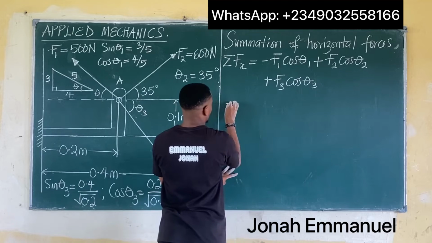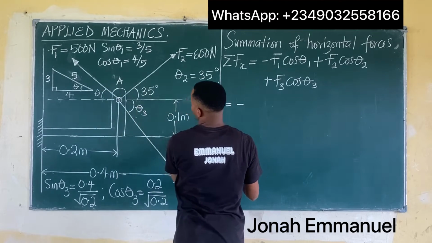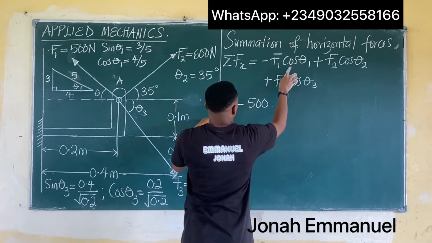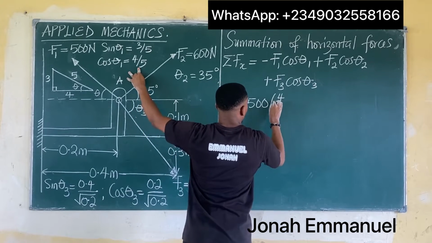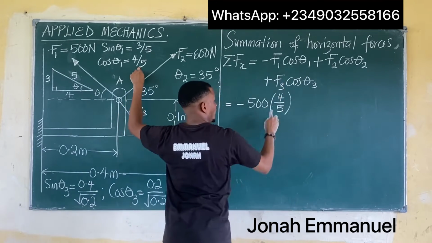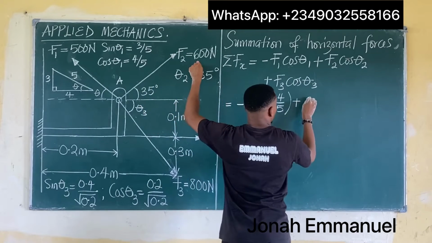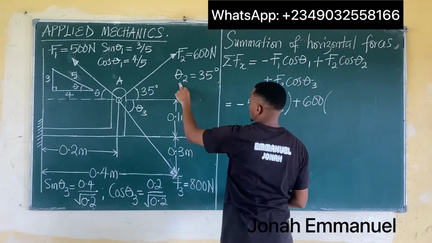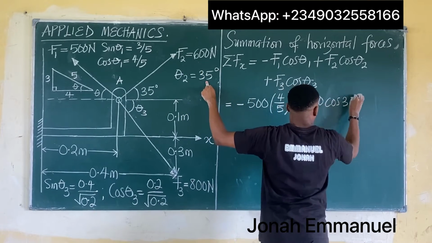Alright. With this, let's now proceed to impute values. This is equal to minus F1, 500, minus 500 cos theta 1. Cos theta 1, the value is 4 over 5. So look at the way I spell this, okay? Cos theta 1 is 4 over 5, plus F2. F2 is 600 cos theta 2. Theta 2 is 35. So it becomes cos 35.